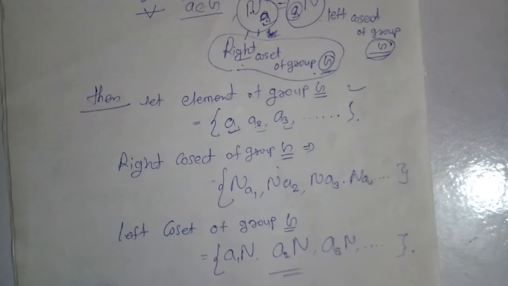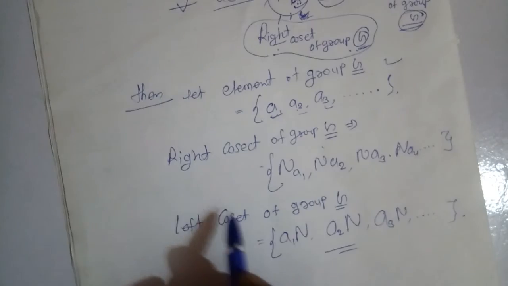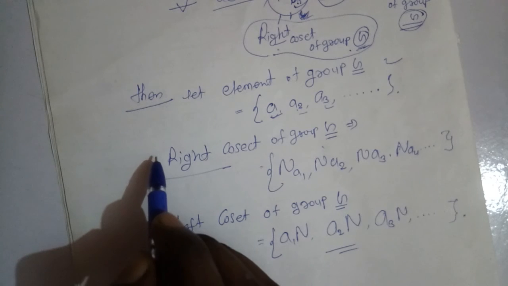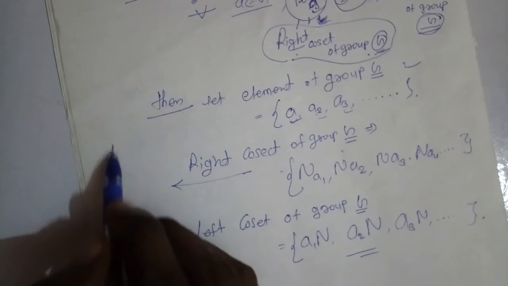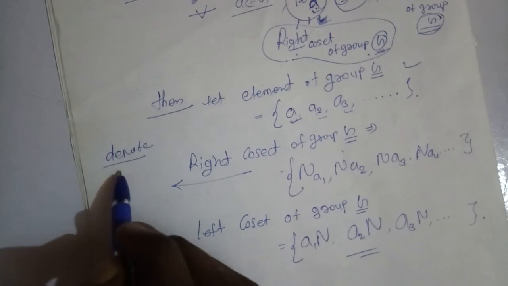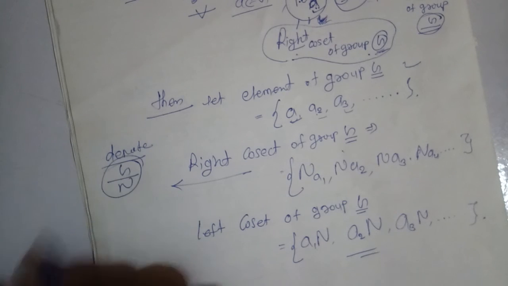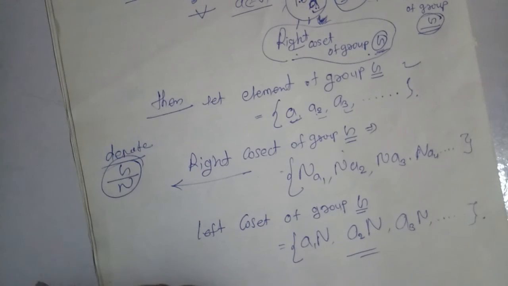Okay students. And one thing to note here: the right coset of group is denoted by G upon N, G by N.